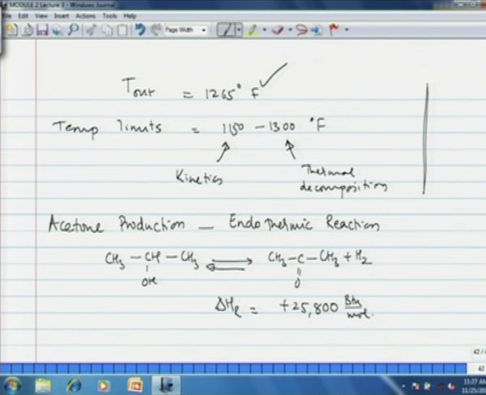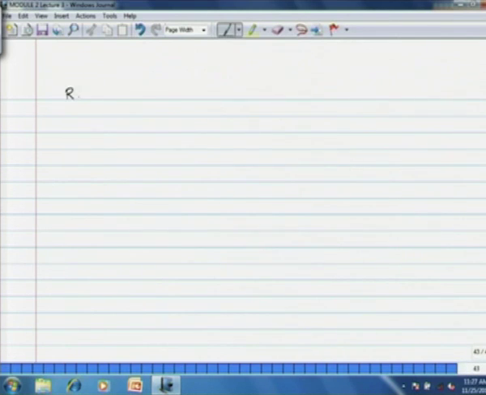Okay. Now, in this case, we have to supply the heat of reaction. Now, for a particular rate of production of acetone, let us say we take rate of production of acetone as 51.3 mole per hour.